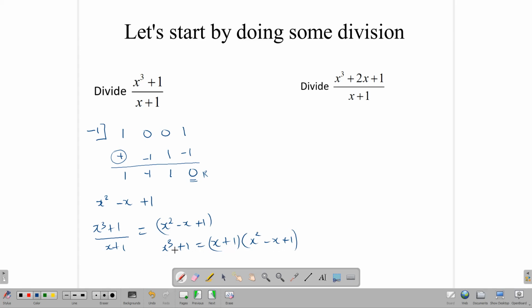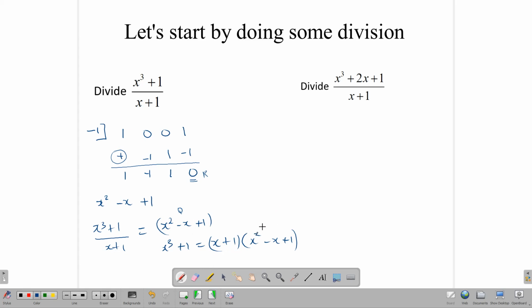And so what we have here is that our polynomial x cubed plus 1 is equal to our divisor here times our quotient. This is our quotient here. So the divisor times the quotient. Here's our divisor times the quotient.